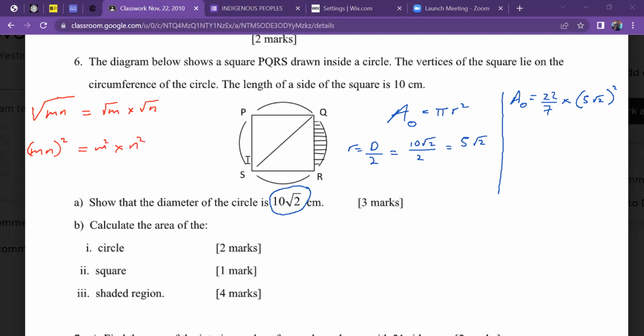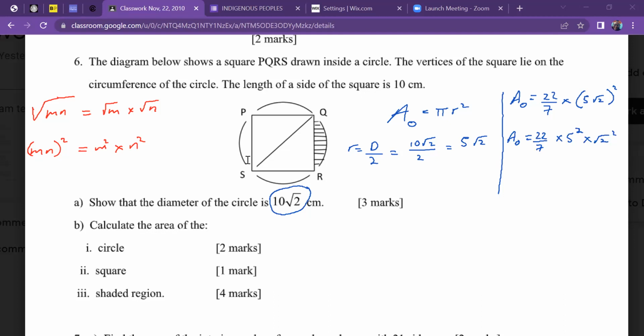Which means, I'm doing this without calculator, that the area of the circle is equal to 22/7 multiplied by 5 squared times square root of 2 squared.